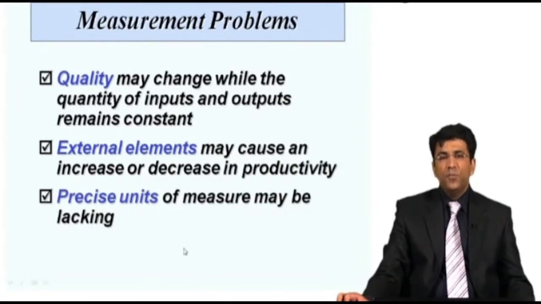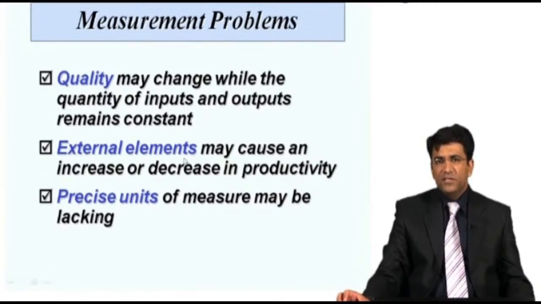Now students, there are some problems when we measure the productivity. One of the problems is quality may change while the quantity of inputs and outputs remains constant. So by changing the quality of the inputs, we may be able to improve the productivity.